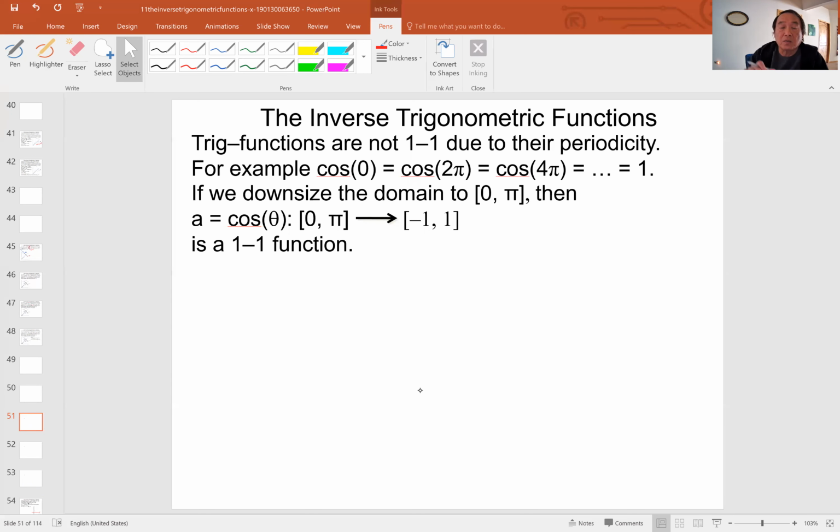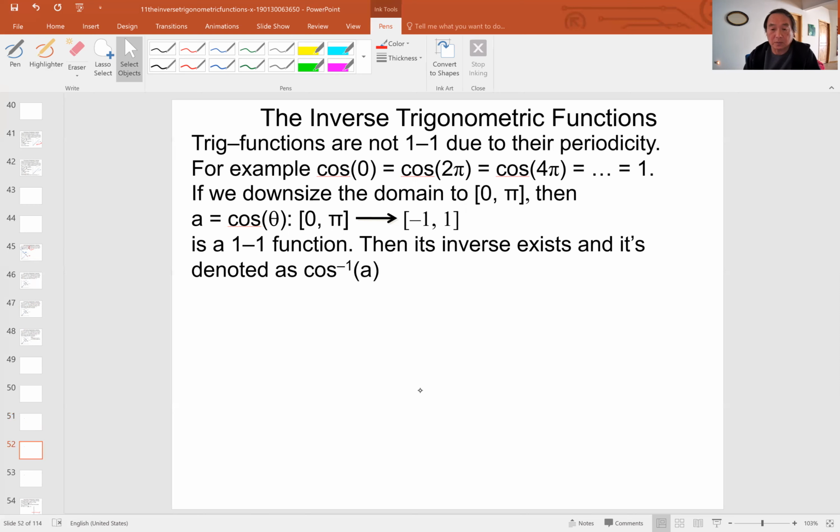We're going to restrict it from 0 to pi. Why? Because if I view this function from 0 to pi, its range output is from -1 to 1, and then this function is one-to-one with this specific domain and range. And its inverse exists.